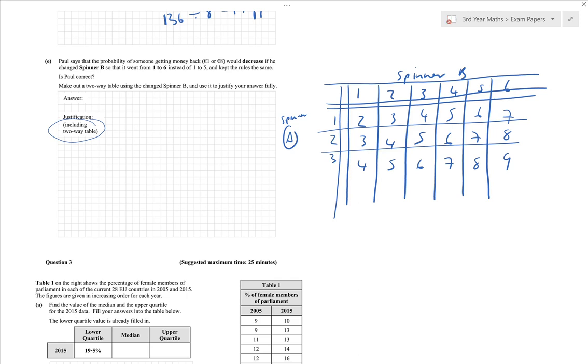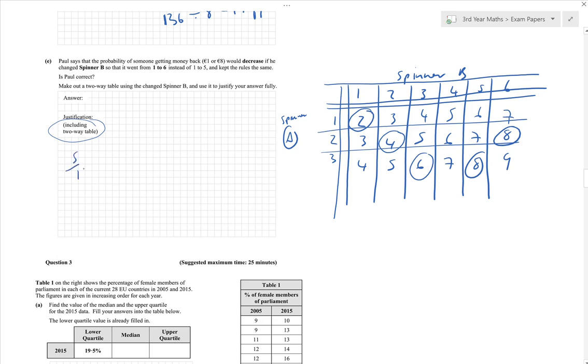So if we look at here, getting your money back would be getting a 1 and a 1, a 2 and a 2, or a 3 and a 3. And then also, for getting €8, you have 2 chances this time. So 1, 2, 3, 4, that's 5 out of a total of, this time, 18 possible outcomes.